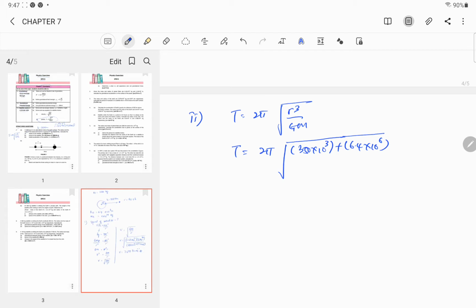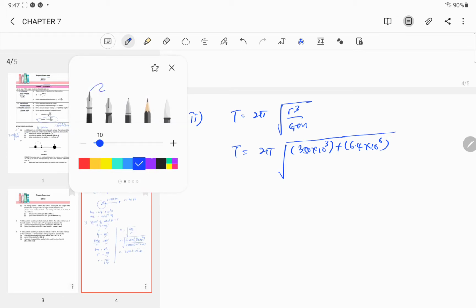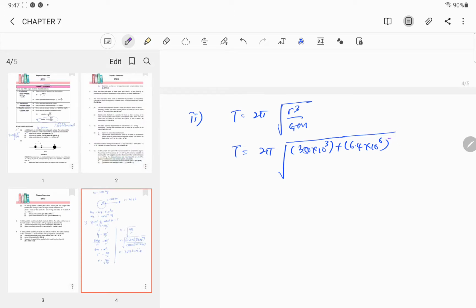Remember to put your bracket here, because it is power of 3, over G, 6.67 times 10 power of negative 11, and your mass of Earth is 6 times 10 power of 24. So then you have your period in seconds, which is 5550.8 seconds.